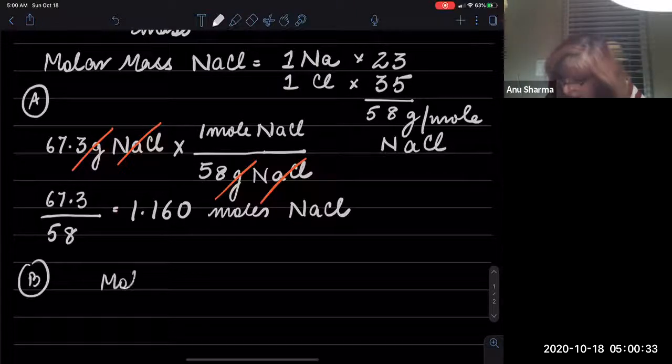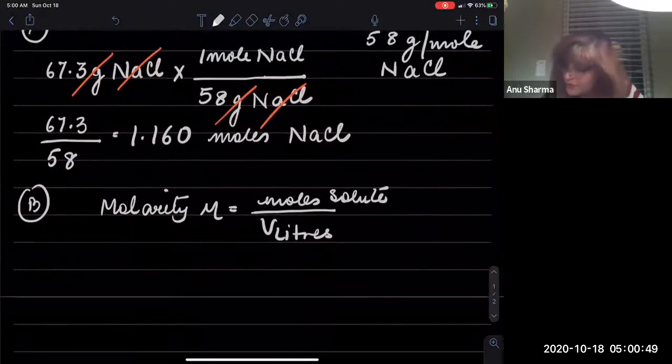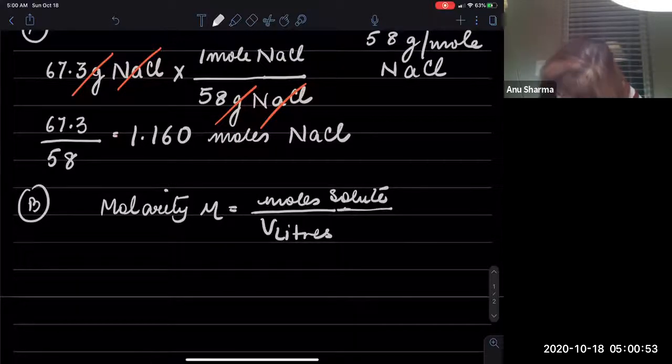Molarity M is equal to moles over the volume in liters. The moles of the solute, and the solute here is NaCl. The volume is the total volume of the solution.